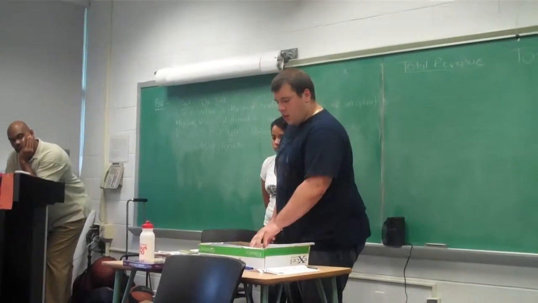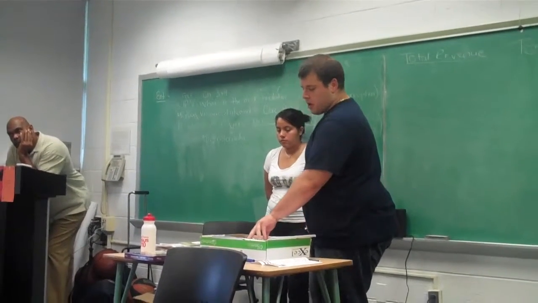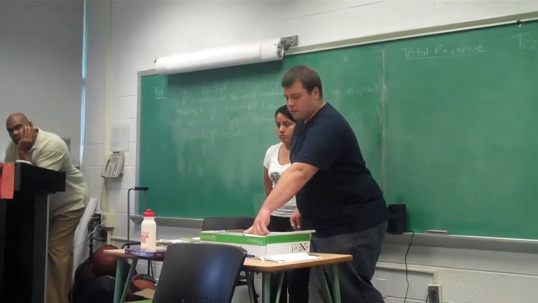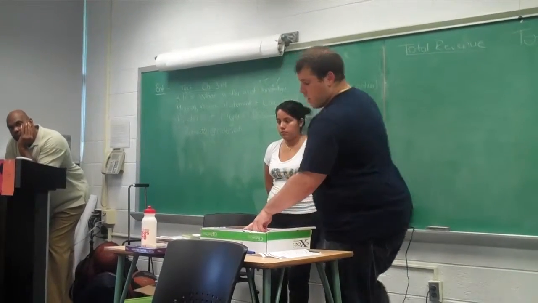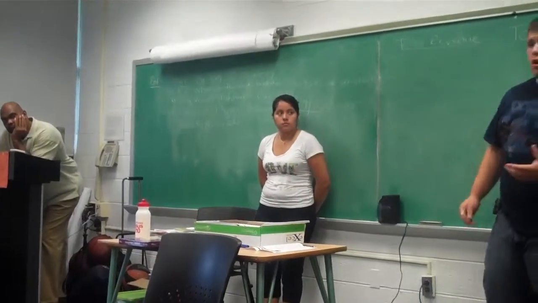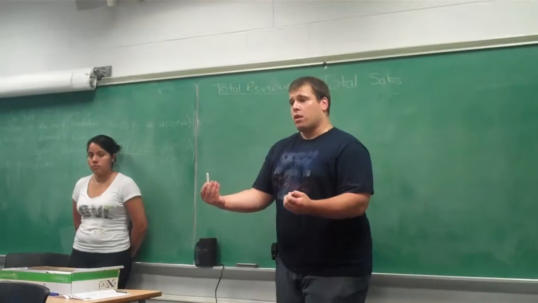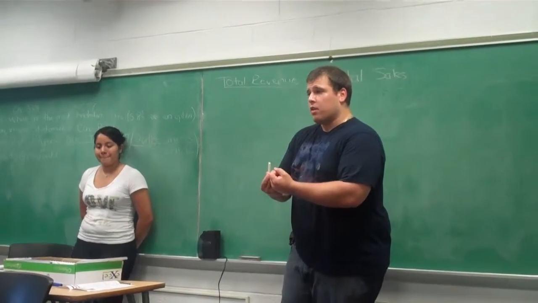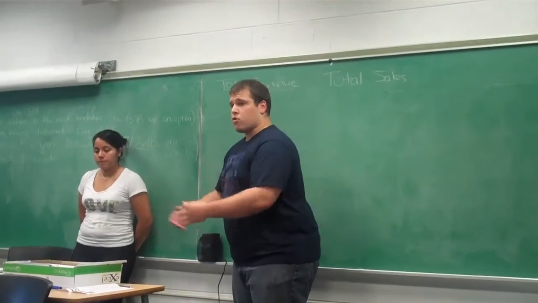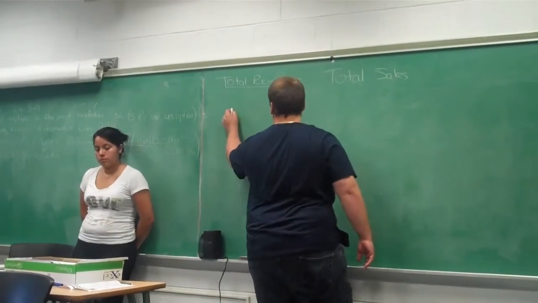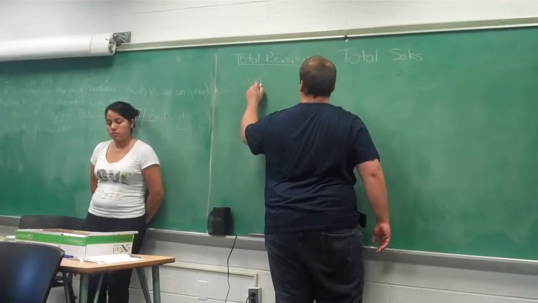You're going to see that we have a column A, which is units sold, B, which is your selling price, and C is your total revenue. So in order to find your sales, you're going to have the item you're selling and the price you're selling it for. If you multiply the two together, that gives you how much sales you're having. So the first one: units sold is 25.